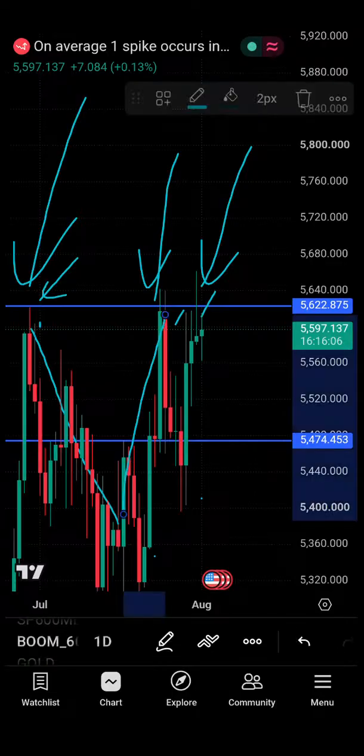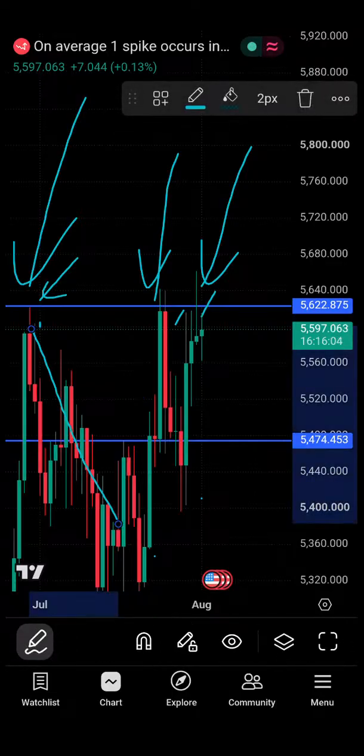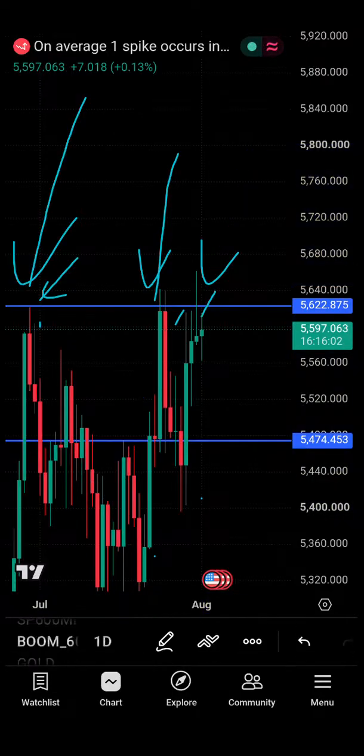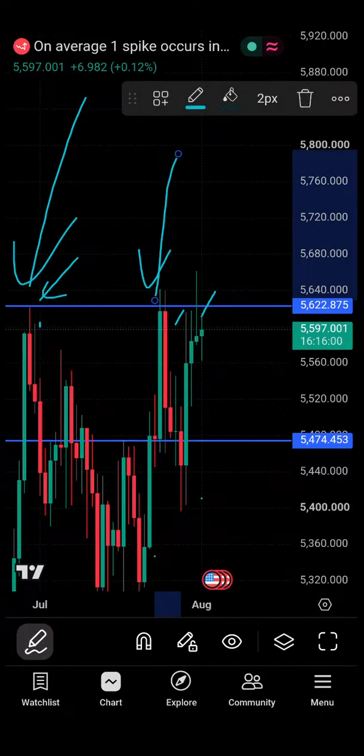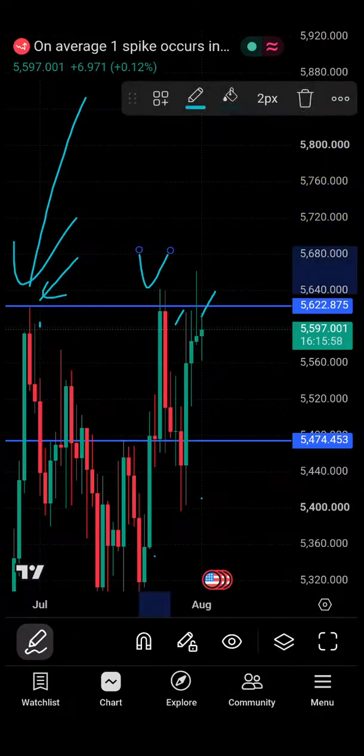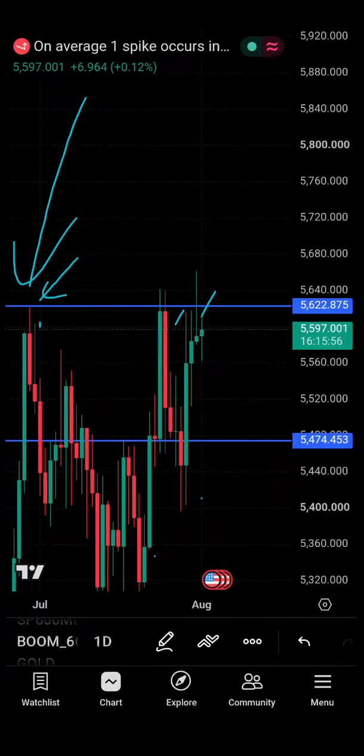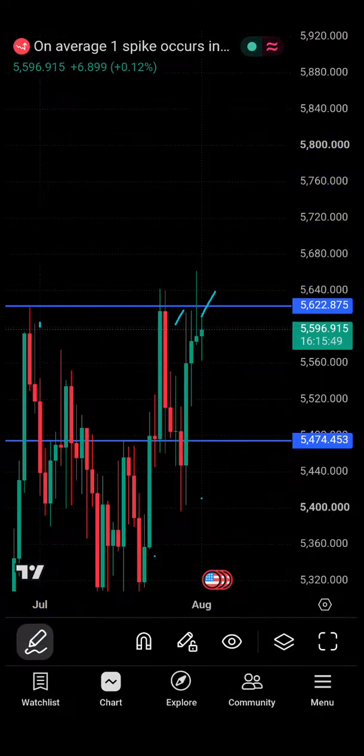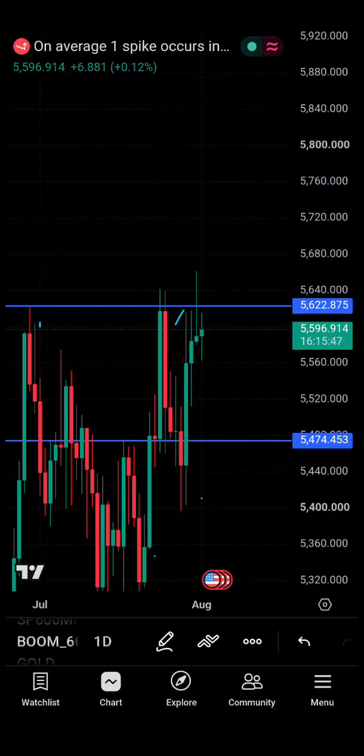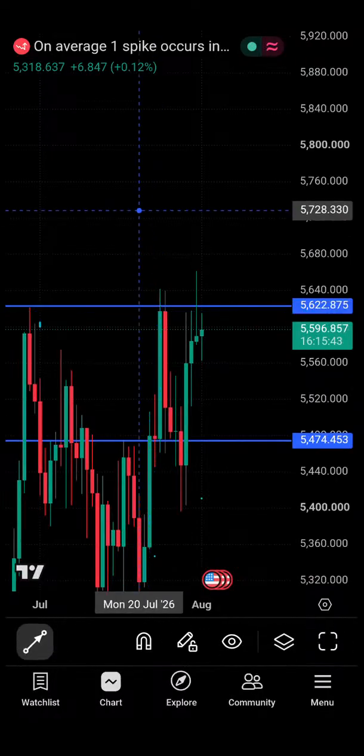It tried many times, not just one time. It shows you that this area is very strong. Let me put the area here.